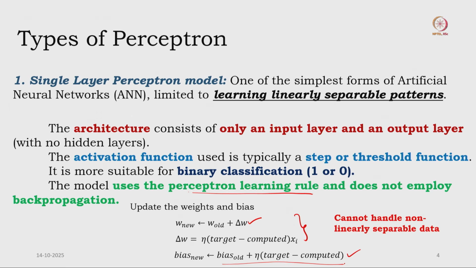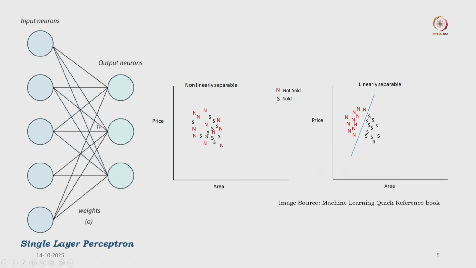Diagrammatically, if we have to understand the single layer perceptron, this is the diagrammatic representation. Theoretically, what we have seen is we will have only the input and then the output layer. We will not have any hidden layers in between.